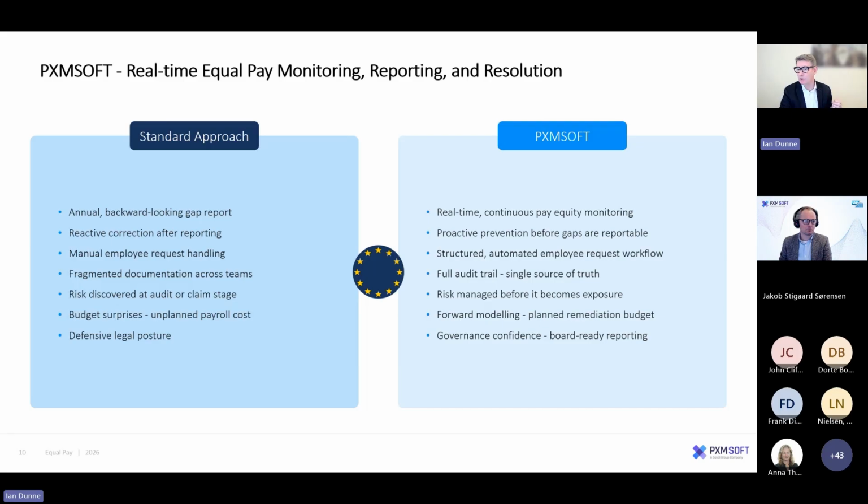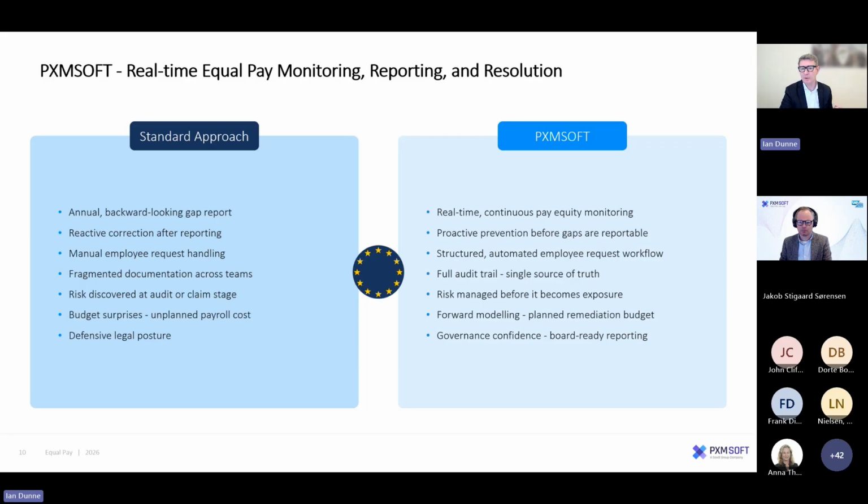They've got annual backward-looking gap reports, reactive correction after reporting, manual request handling, fragmented documentation, and the risk discovered at audit or claim stage, right? So clearly, this leaves you open to budget surprises from unplanned payroll corrections and ultimately a more defensive legal posture, right?